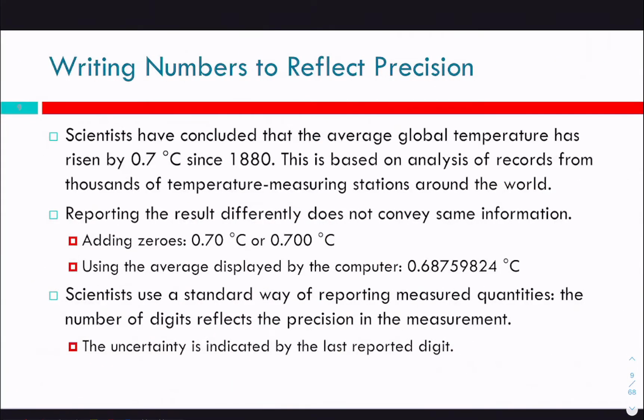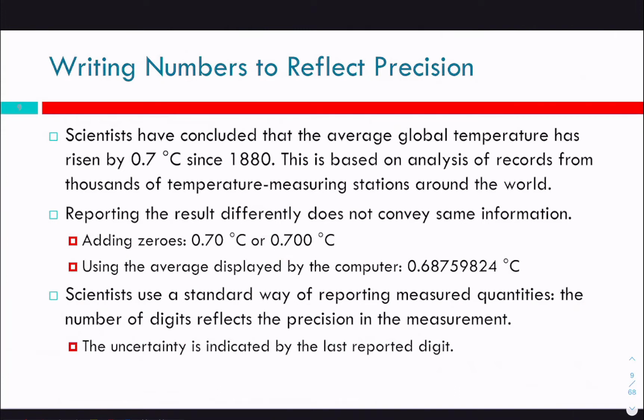So one example of this is global warming temperatures. Scientists have concluded that the average global temperature has risen by 0.7 degrees C since 1880 to whenever this slide was written. This is based on analysis of records from thousands of temperature measuring stations around the world with varying levels of precision.